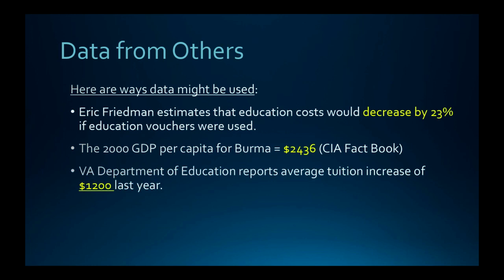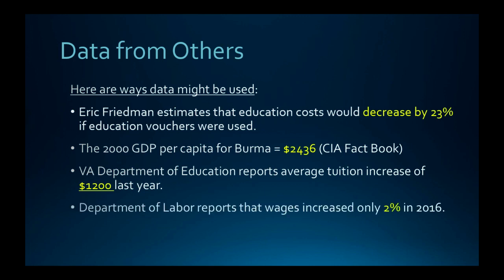The Virginia Department of Education reports average tuition increases of $1,200 last year. Department of Labor reports that wages increased only 2% in 2016. So these are a bunch of different ways that you can kind of give your sources here.